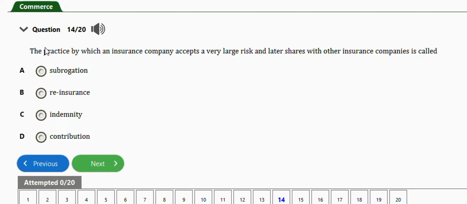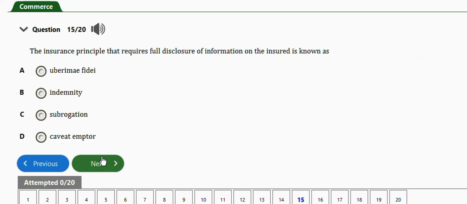It says, the practice by which an insurance company accepts a very large risk and later shares with other insurance companies is called: subrogation, insurance, indemnity, contribution. So guys, the right answer to this question is reinsurance. Option B.